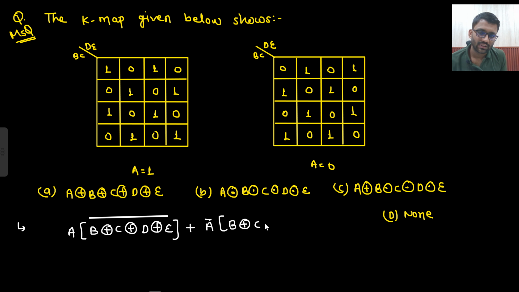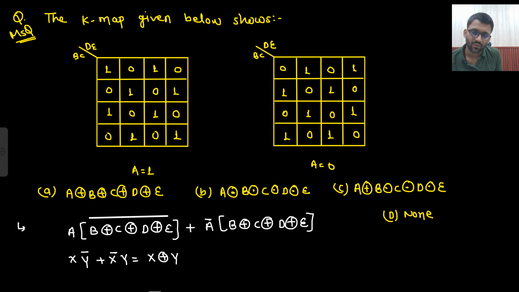B XOR C XOR D XOR E. So this is X Y bar plus X bar Y. So that would be X XOR Y. So what is your X? X is A and Y is this. So what we are getting? A XOR B XOR C XOR D XOR E.